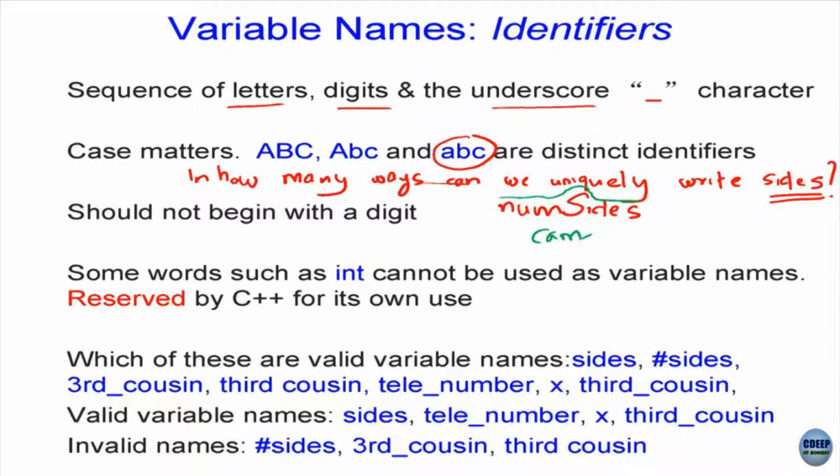Recall that numberOfSides was a variable. Tell me, in how many ways can we uniquely write sides, given that case matters?